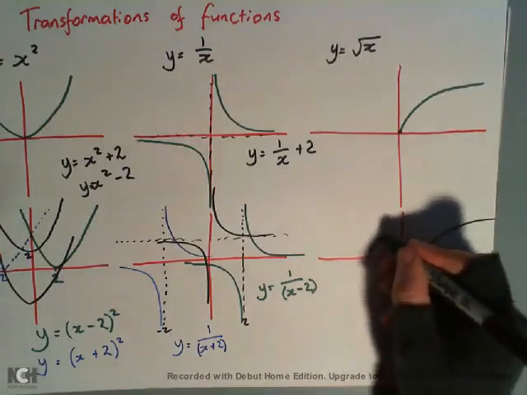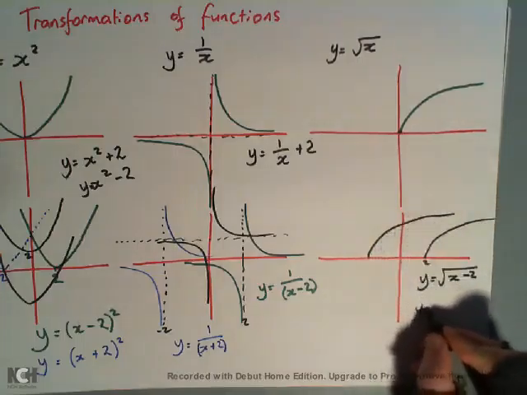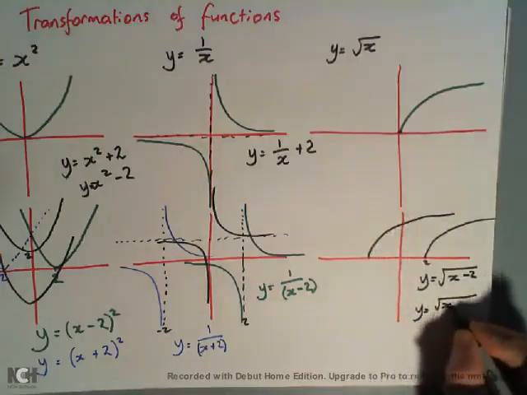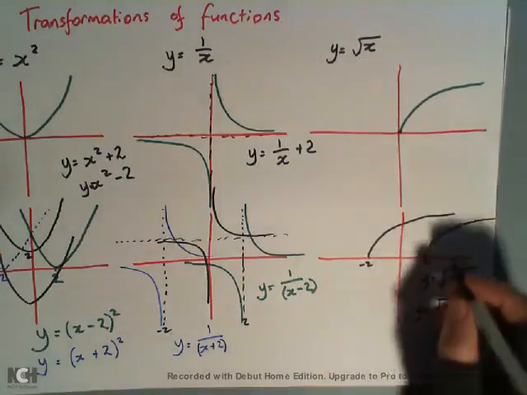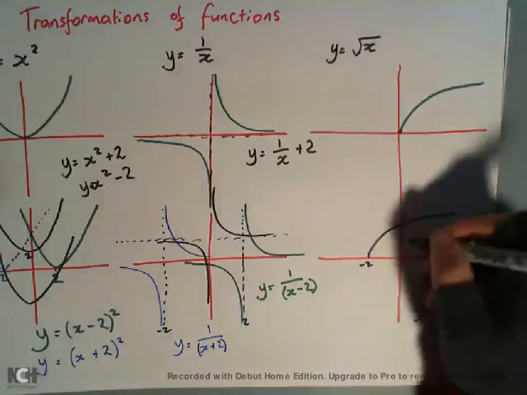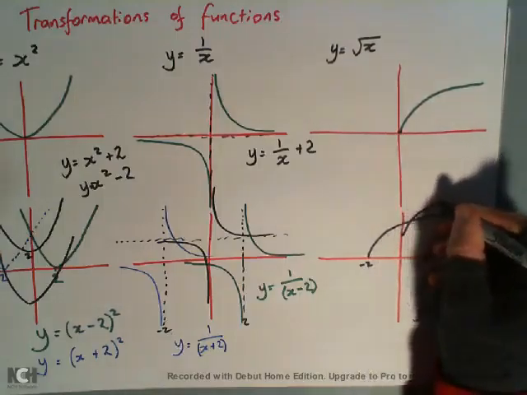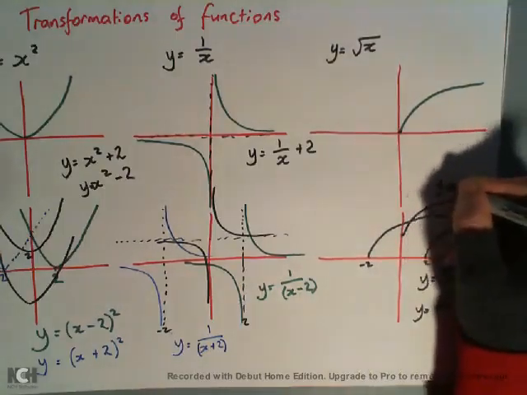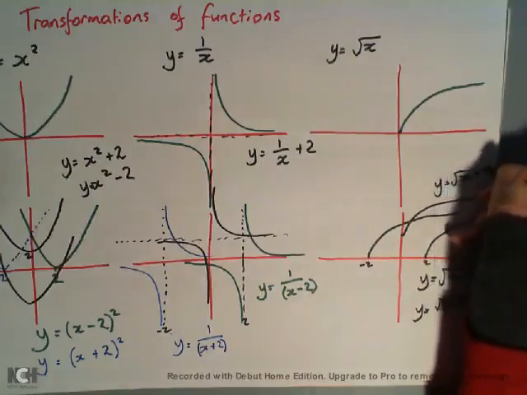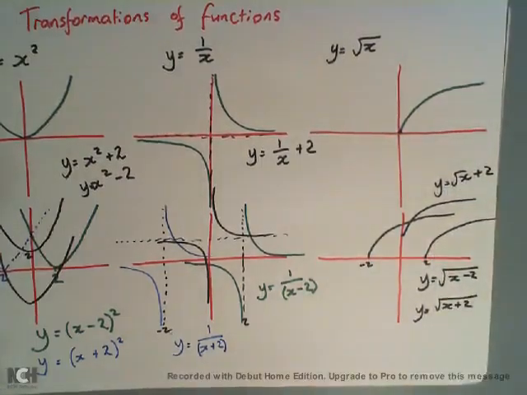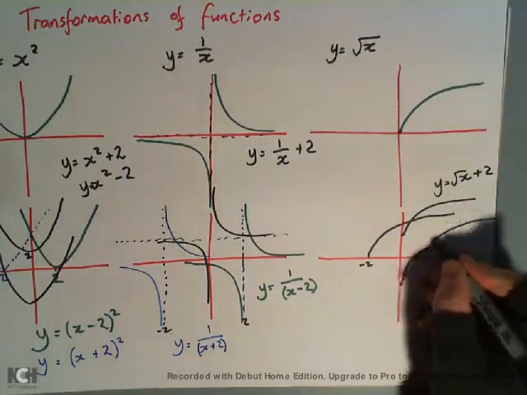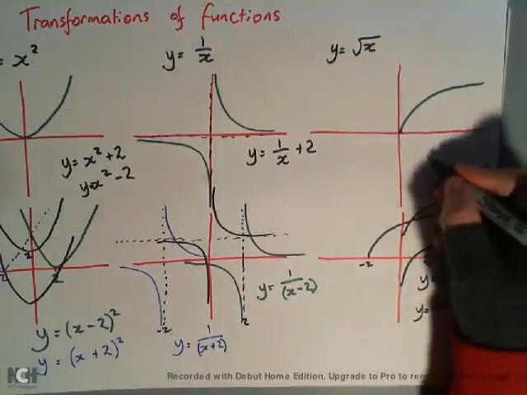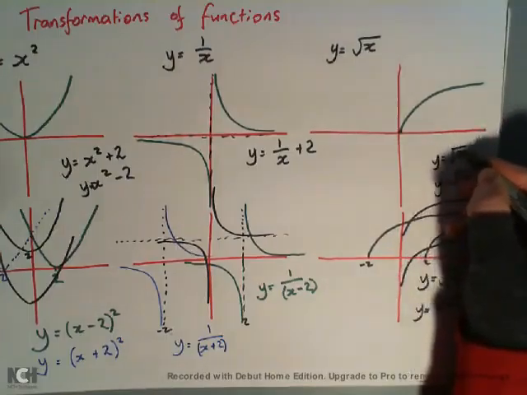If I want to move it to the left, it would be y equals square root of (x plus 2). And if I want to move it up or down, this point here, I've moved it up 2, so it'll be y equals square root of x plus 2 outside the square root part. And down here would be a similar effect, except we'll have y equals square root of x take 2.